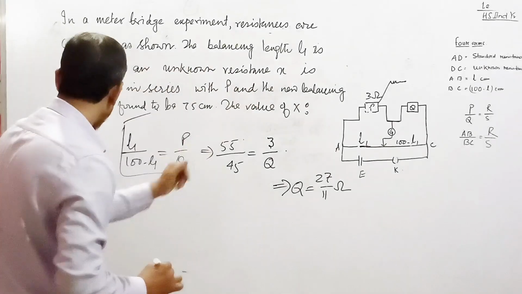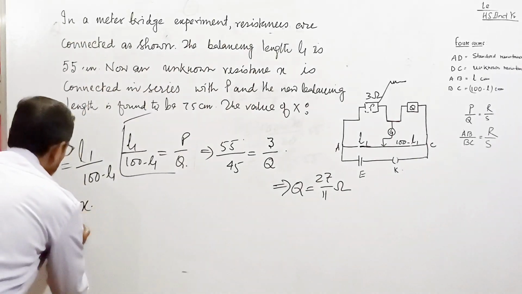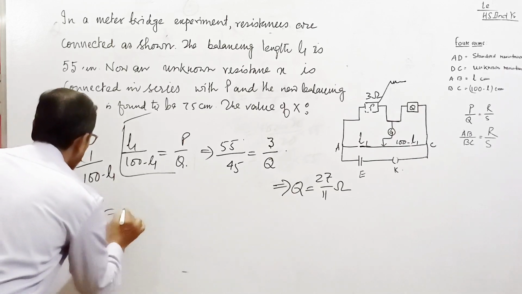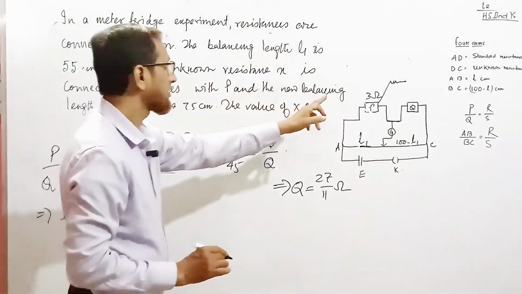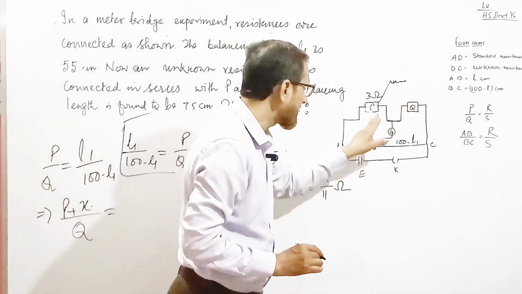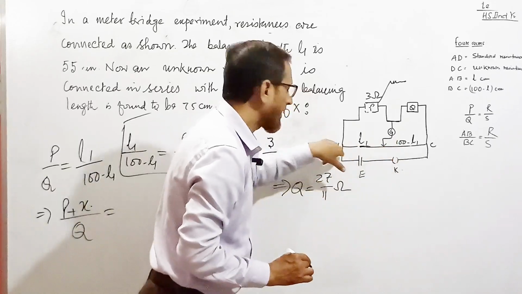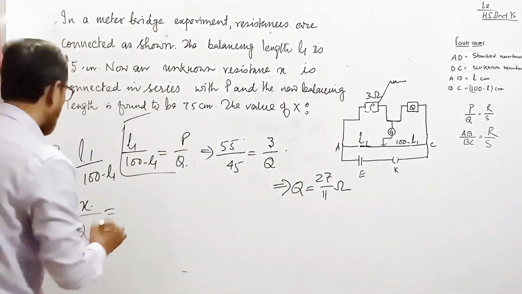So in the new condition, P is attached with the new resistance X and Q is known, and at that new point, when resistance X is connected in series with P, the rheostat is adjusted at 75 centimeter.